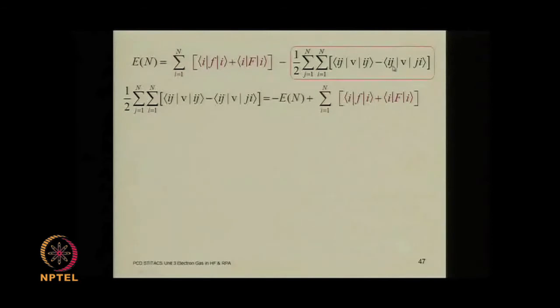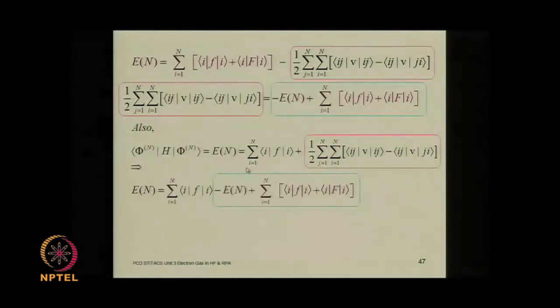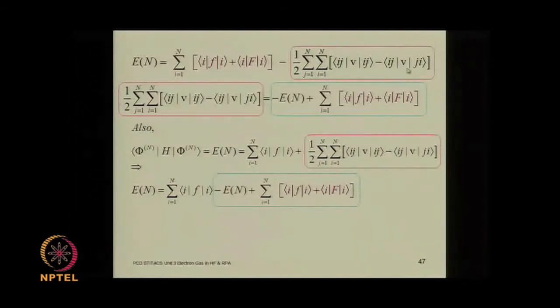These are the two center terms in this red loop. We also know that the energy functional is given by this expression. So, we combine these two results by identifying the two center terms.